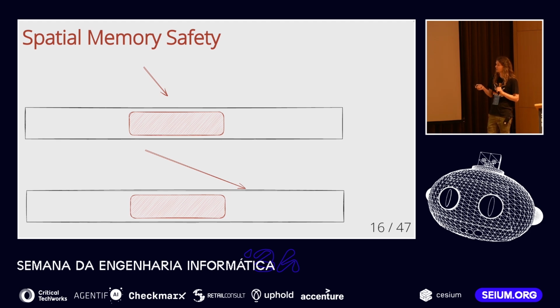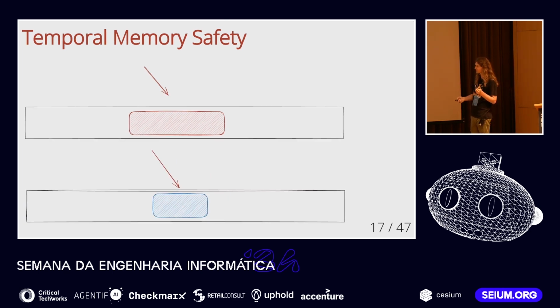Spatial memory safety issues happen when you miss the boundaries of an object. You have some object in memory, and you have a pointer to this object. Due to some miscalculation in the addresses, when you try to use this pointer to access the object, you miss it, and you get some garbage data.